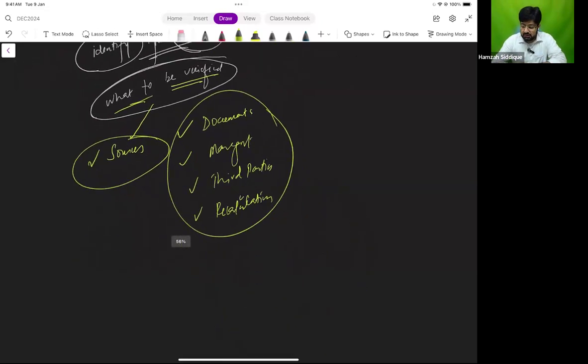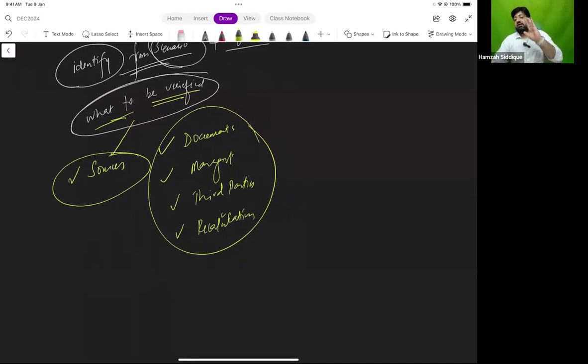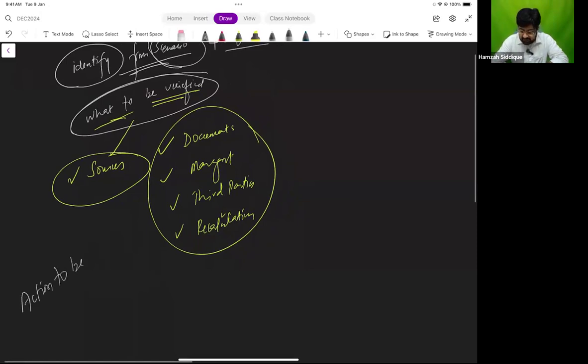And then once you have identified the source, then you must tell what action is to be taken on the source, and afterwards why and how it is to be taken.